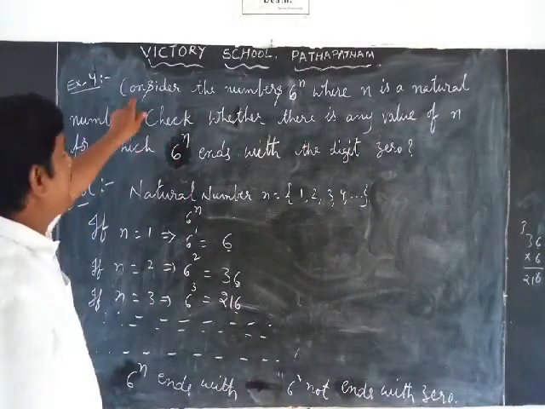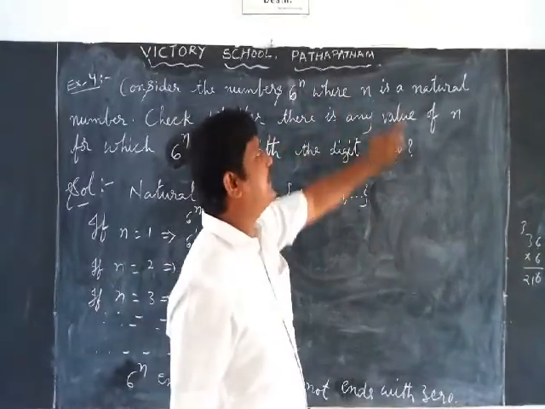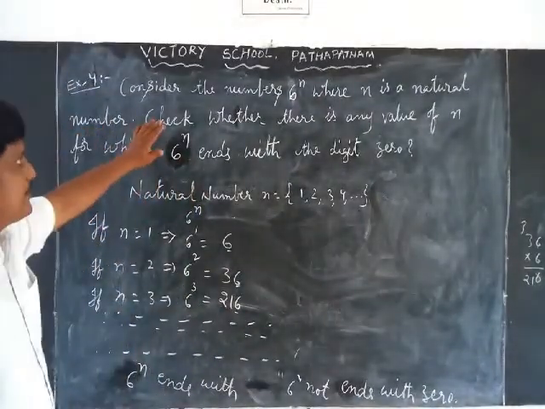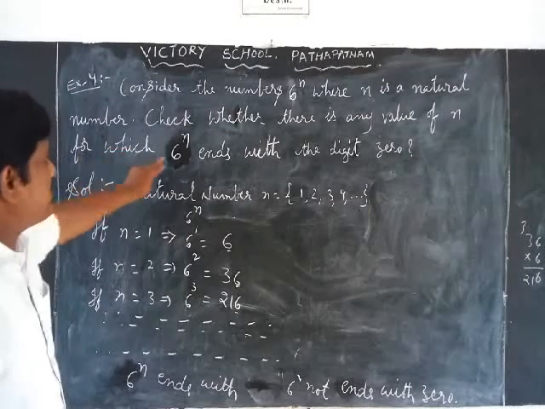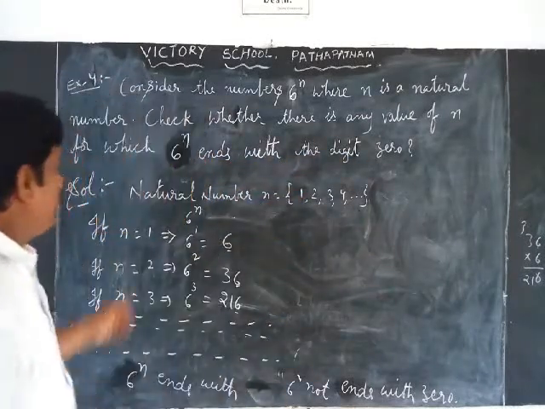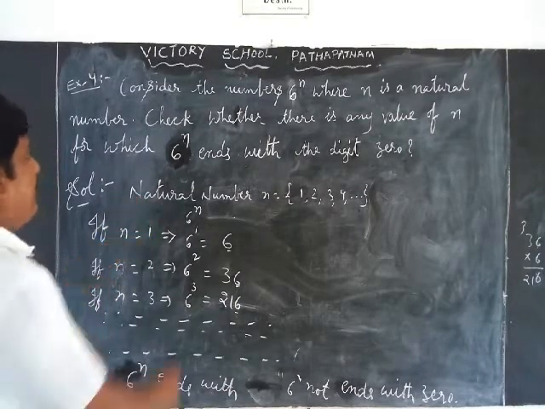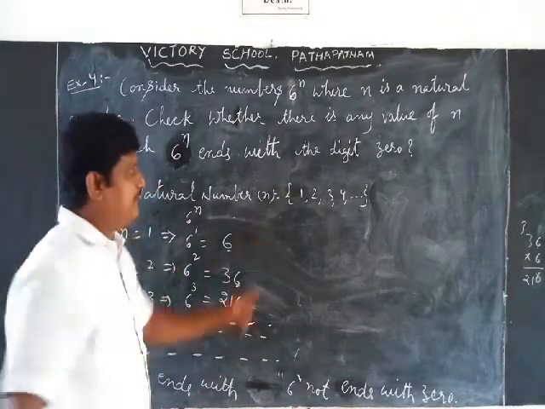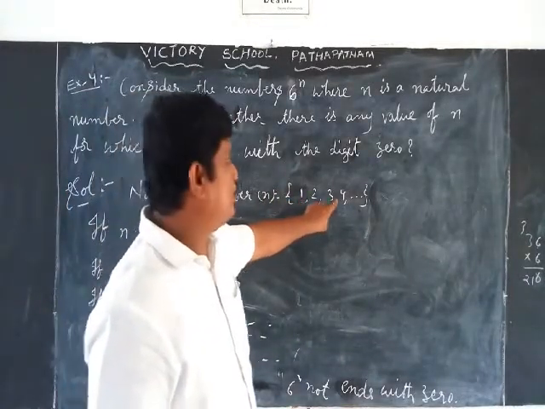Once again, consider the numbers 6 power n where n is a natural number. Check whether there is any value of n for which 6 power n ends with the digit 0. We have taken n as a natural number. Natural numbers means the starting number is 1: 1, 2, 3, 4, and so on.